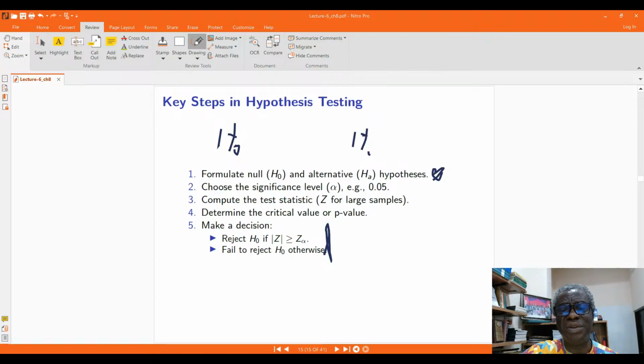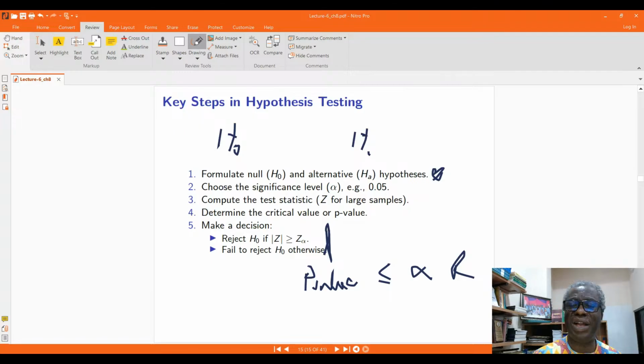So if the p-value is less than or equal to the alpha value, then you reject. Otherwise, you accept the null hypothesis. So you are making the decision based on the null hypothesis, because when you reject the null hypothesis, then of course you accept the alternative.